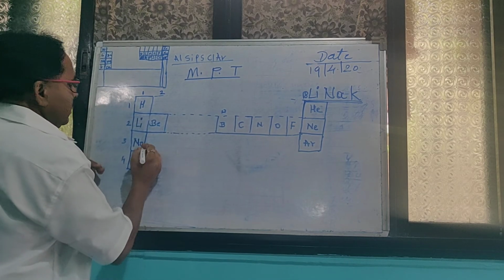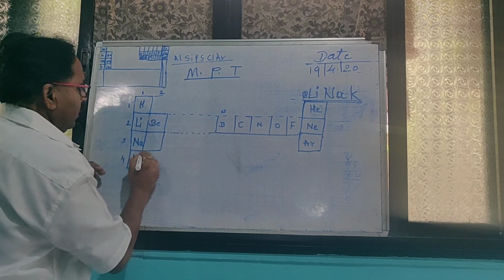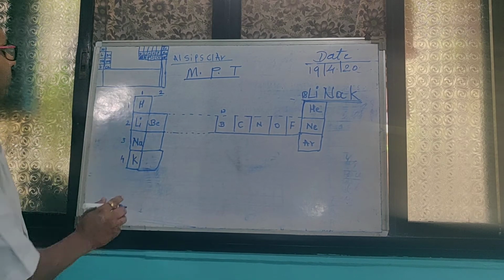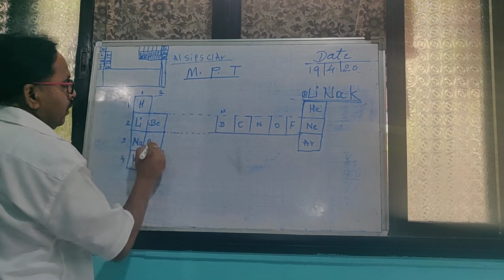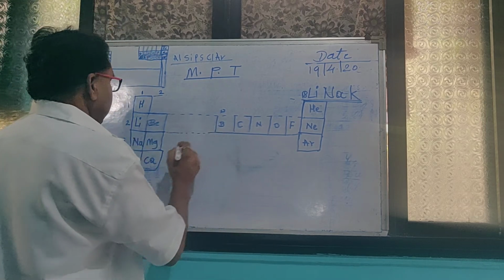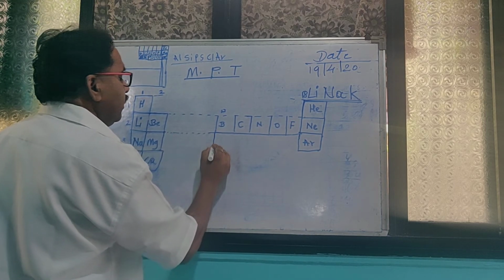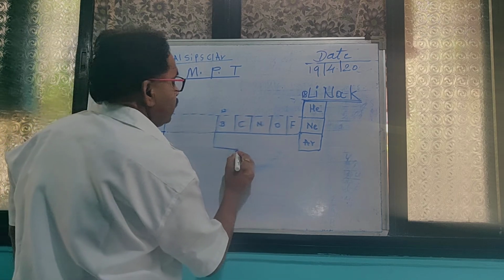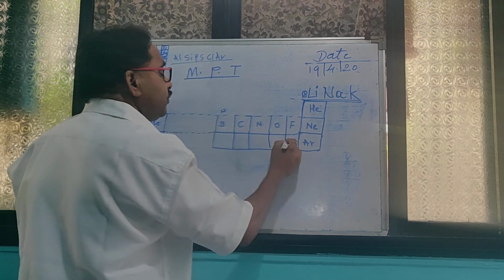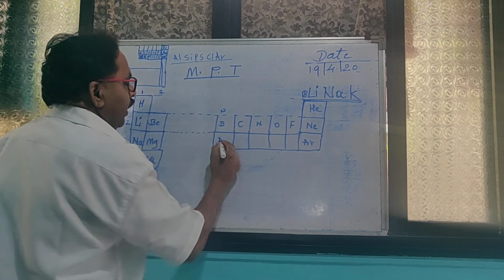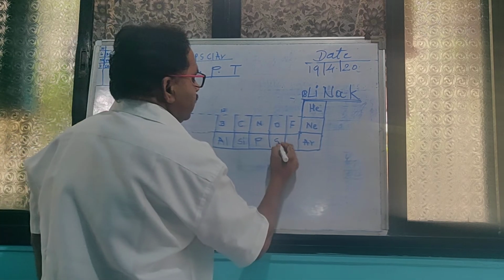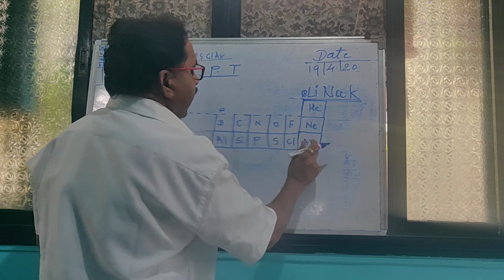Now the third period starts filling from sodium, magnesium, and calcium. Now start from 13 groups: aluminium, silicon, phosphorus, sulfur, chlorine, and argon.